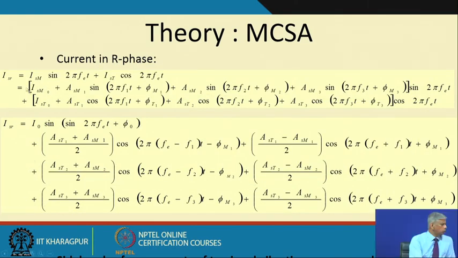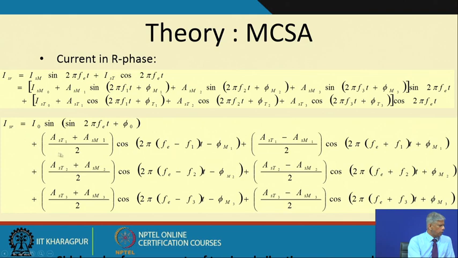Now, in any particular phase, for example in our phase, if I add the magnetizing component and the torque producing component, sine and cosine, I will come up with an expression.